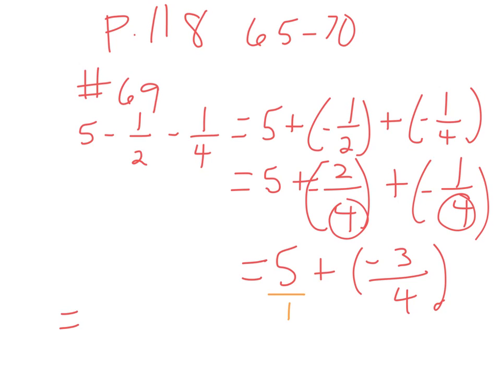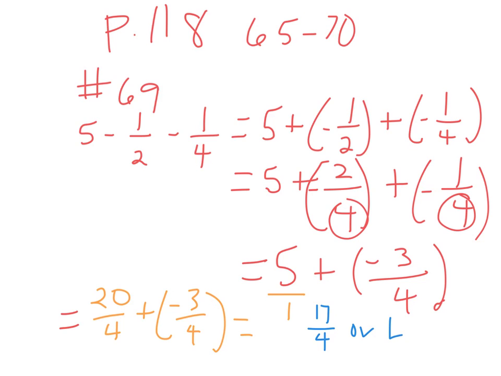So I would have on top 5 times 4 is 20 over 4, plus a negative 3/4. That will give me 17/4 or 4 and 1/4.